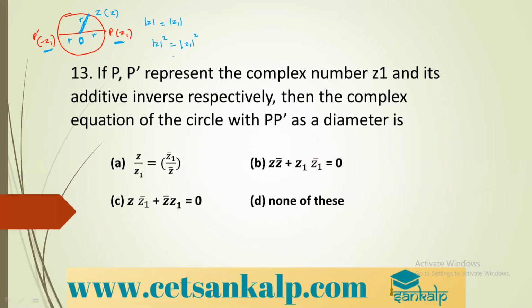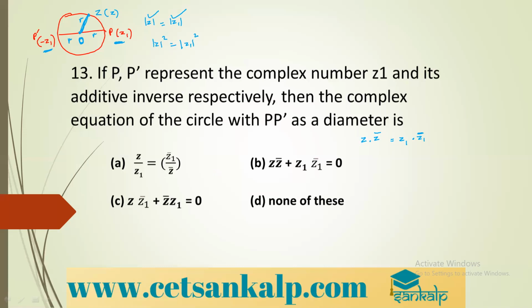But in the options, if you see, there is conjugate. So what I will do is I will take Z into Z bar. Instead of Z, I can write Z1, and instead of Z bar, I can write Z1 bar, because modulus of Z is equal to modulus of Z1.